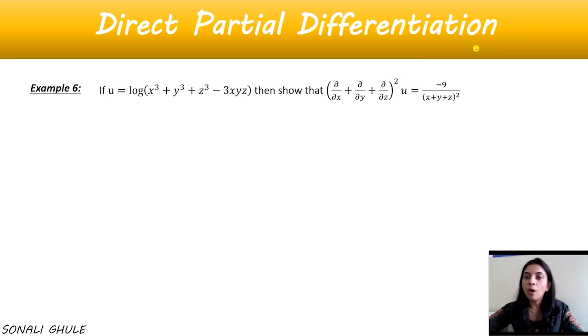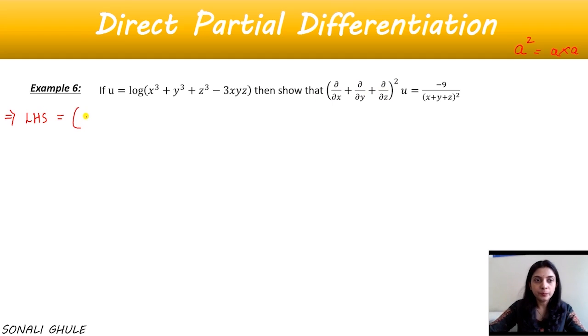Okay? So we all know if there is a square of a term, how we can write it? Yes, we can write it a into a. So similarly, I can write this bracket, right? So see here, to solve this example, first of all, what actually I have to do, I am going to tell you. Okay, so if we check the proof here, left hand side is equal to dou by dou x plus dou by dou y plus dou by dou z whole square into u, right?